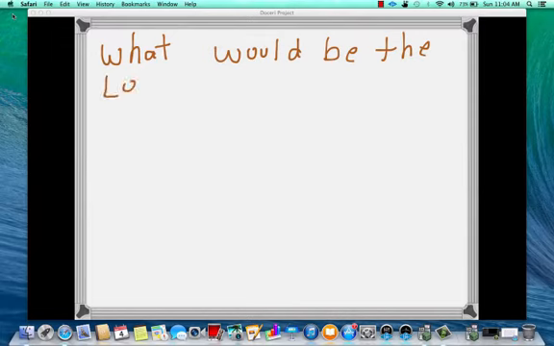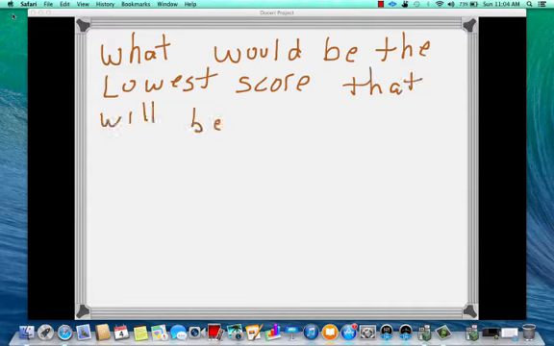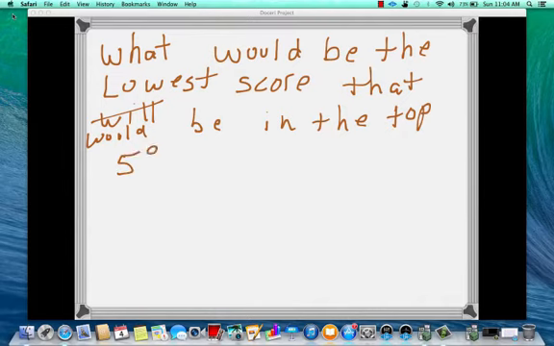Let's say we get a question that says, what would be the lowest score one could get that would be, sorry, I teach math, not English, would be in the top, let's go 5%. I'm just making these up anyway.